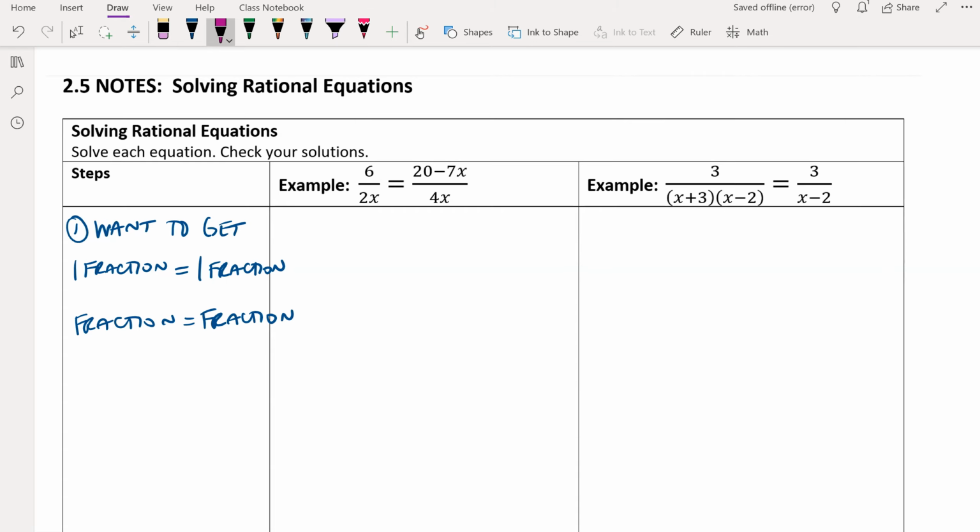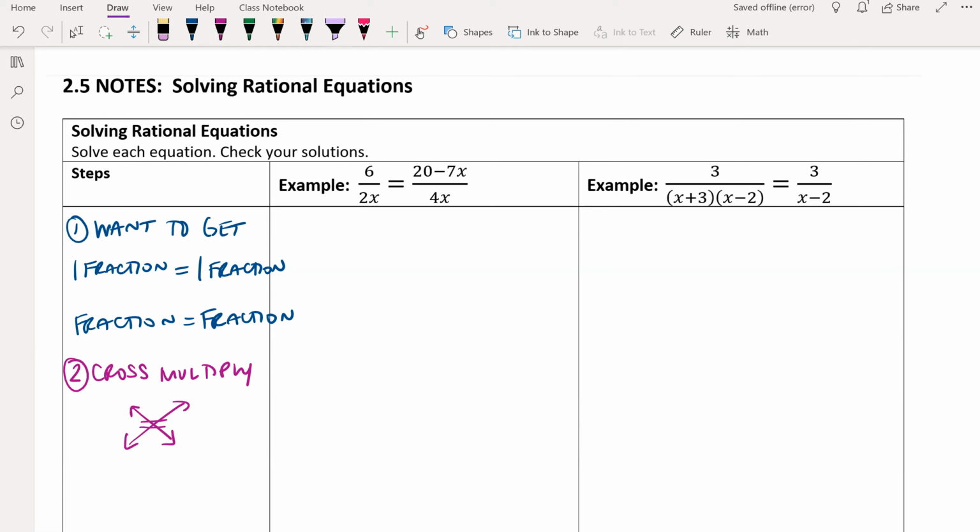And now we are going to say, once you get one fraction equals one fraction, you're going to cross multiply. Cross multiply, which means there's like an equal sign, and you're going to multiply across like this. And let me show you. So we are starting with this example.